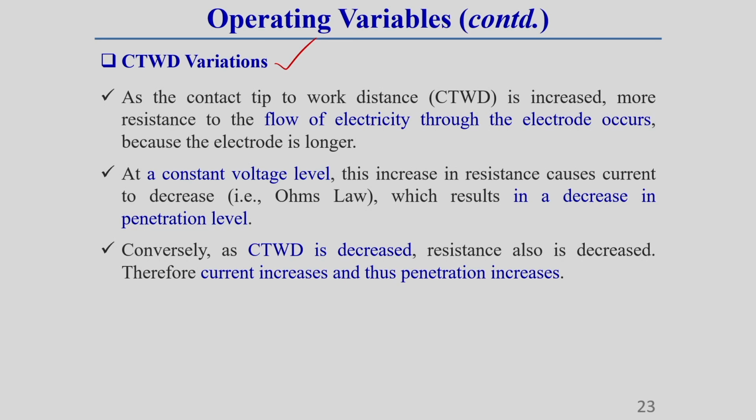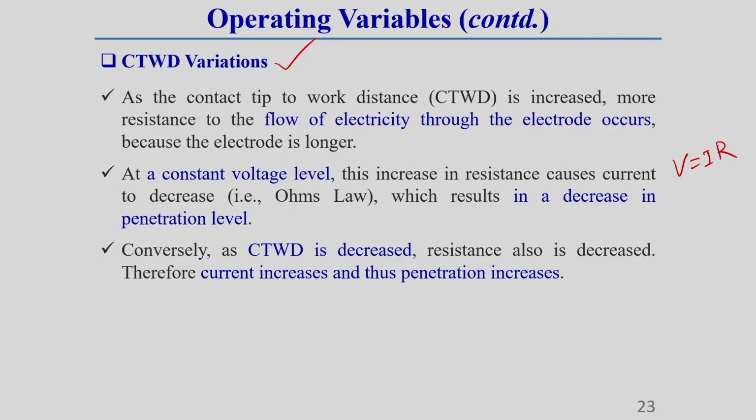This is also another important parameter, which is called CTWD. Keep in mind that CTWD means the distance between contact tube and workpiece. The higher the distance, the more will be the resistance, and the more the resistance, the less the current flow. We know V is equal to IR.